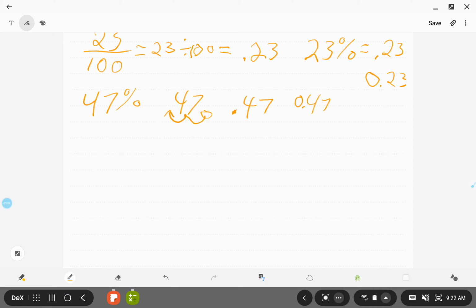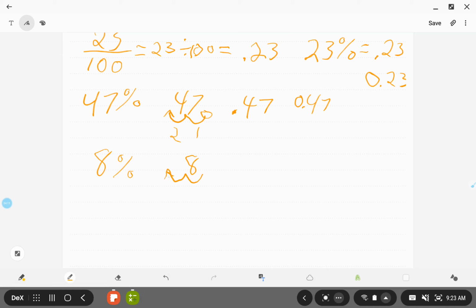A very common mistake that I see when students are doing this is they'll see the 47 and this 0.47, and they'll assume that all we're doing is putting the decimal point in front of the number. That's not true. We're moving it distinctly, two places: 1, 2, right? So even if your percentage has fewer than 2 digits, like let's say the percentage was just 8%, if I turned 8% into a decimal, I'd still be moving the invisible decimal point two places.